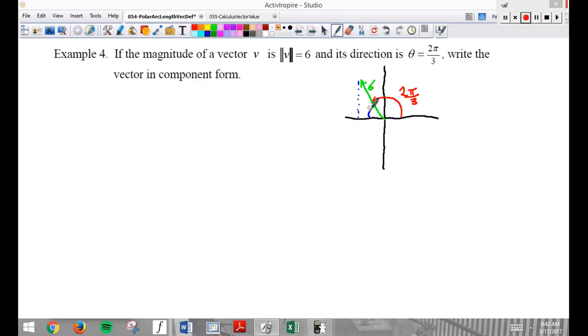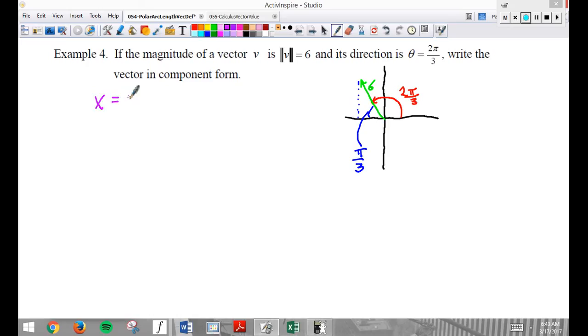And you could use trig to figure out this triangle. How do I find the adjacent side? I'm going to use cosine. So it's exactly like polar coordinates.